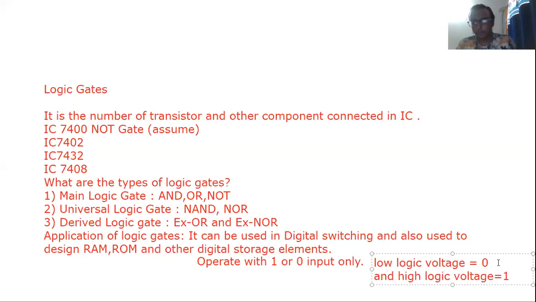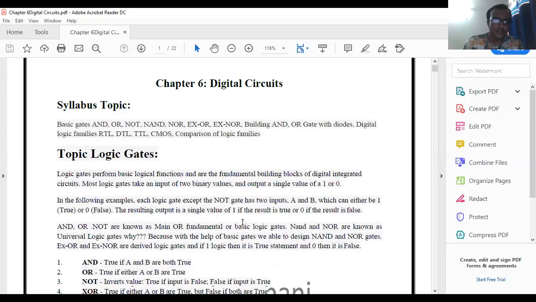So it is the concept regarding the low logic voltage and high logic voltage. Now, I have switched over to the characteristics of individual gate. In this, I have shared the first logic gate.